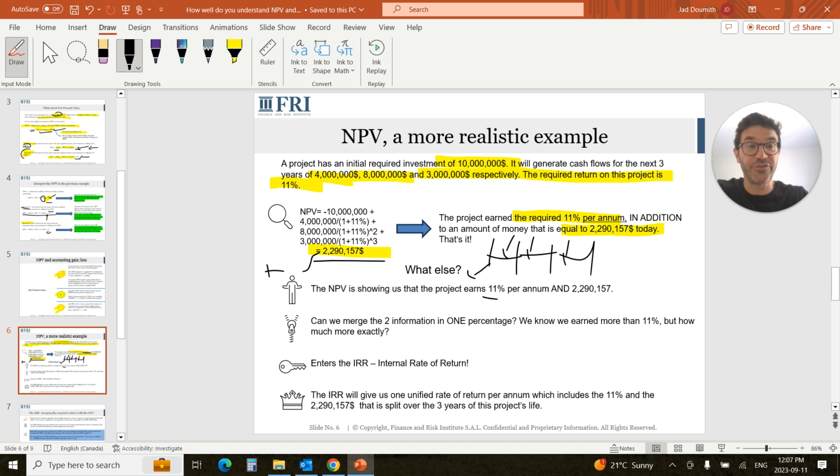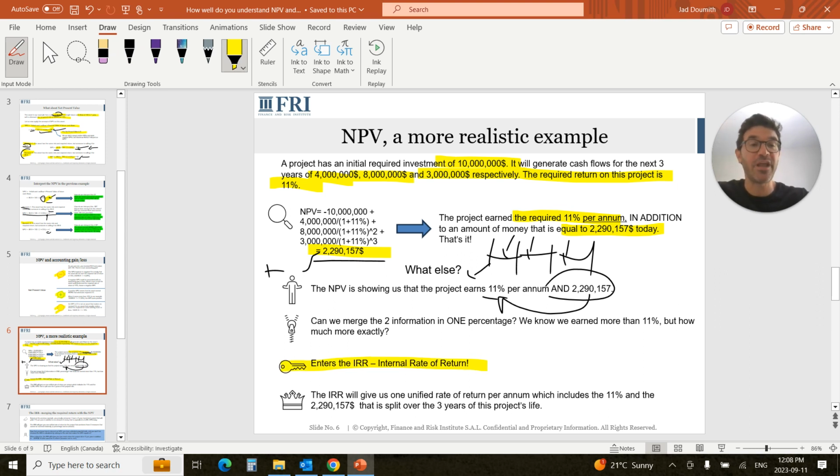But it's even better to say, you know what, this is equivalent to 16% or 18%. So the next step would be to merge those two return measures, to combine two things that are not easy to combine, a percentage return with a dollar return. We will now make sure to include that dollar return, per annum of course, into the 11% and come up with one single percentage. And this is the role of an IRR.